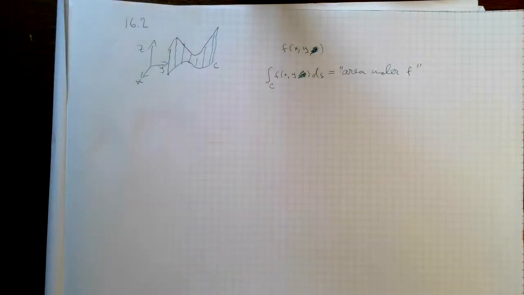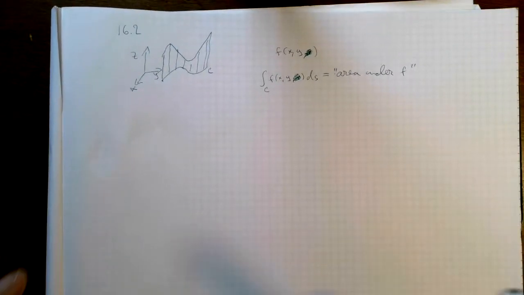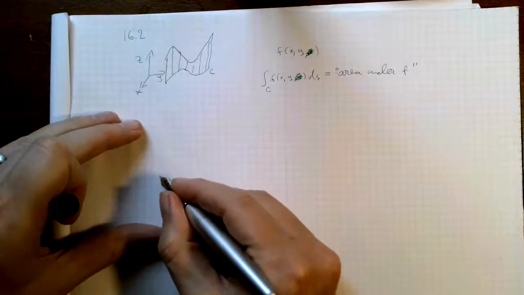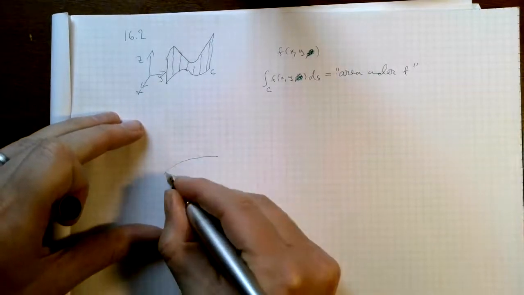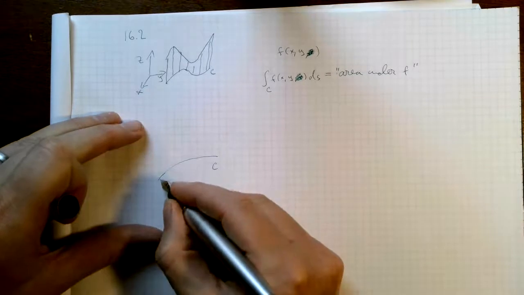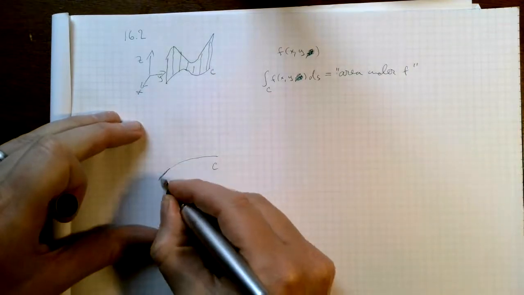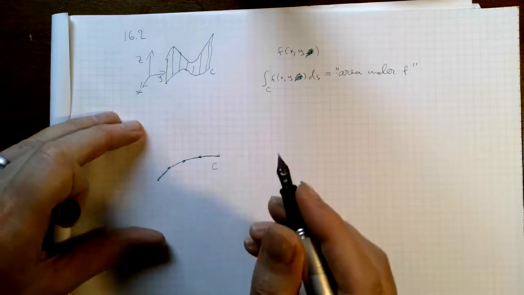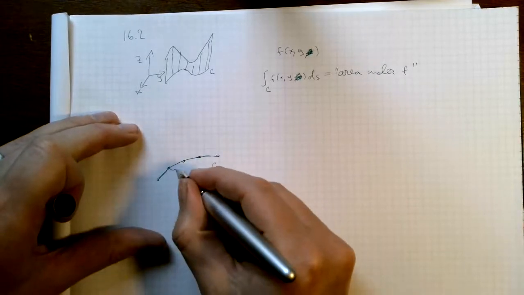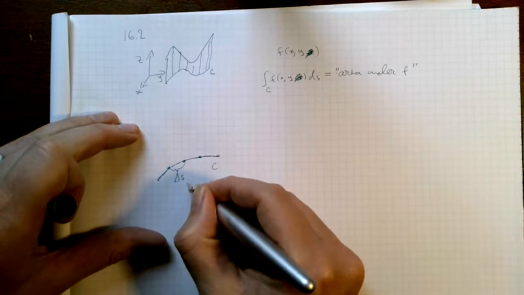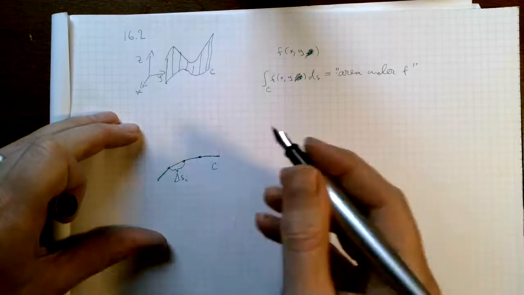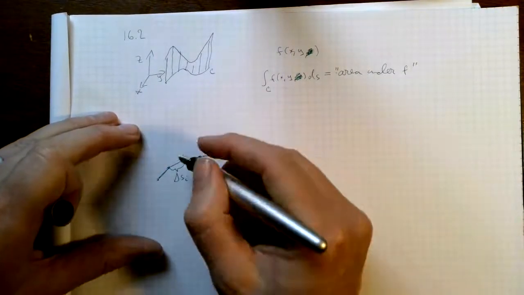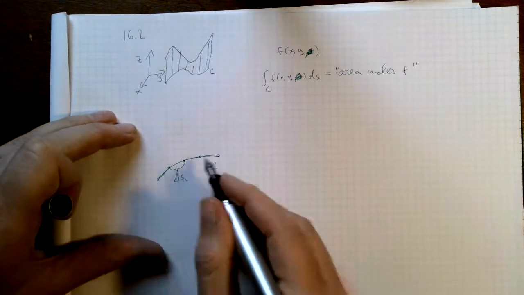All right. Well, how can we set this up? Let me draw a smaller piece of this curve C, and the way that we set this up, we could cut C into little pieces, right? Each one of those I'm going to call delta s, maybe delta s sub i, because each one of them is going to have slightly different width, but these are really, really tiny pieces of the curve.